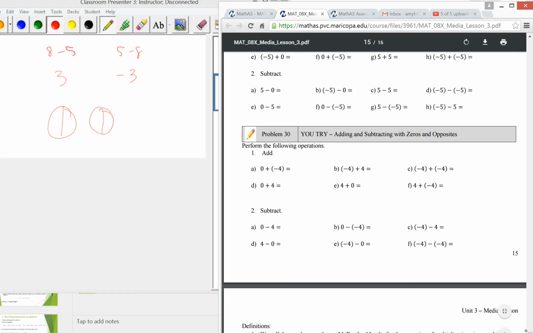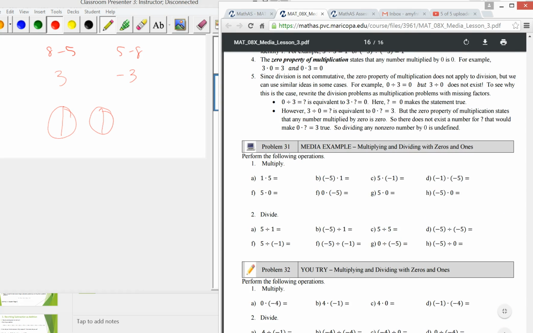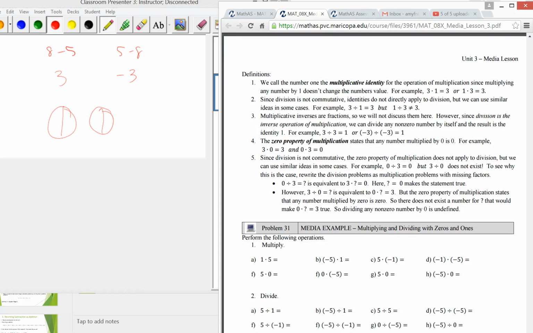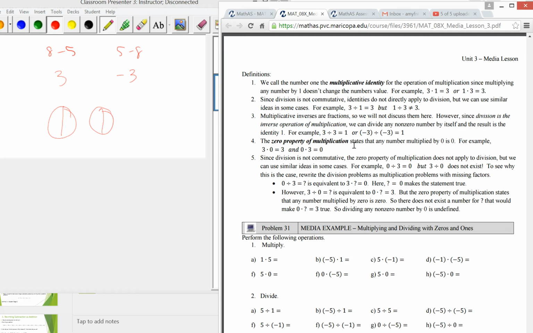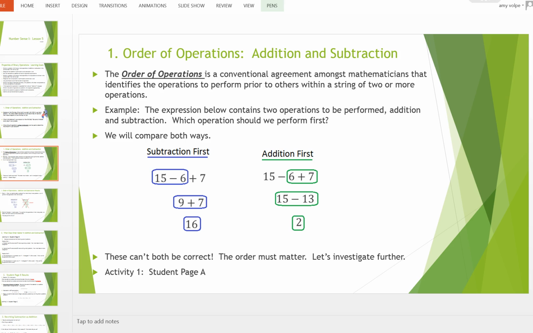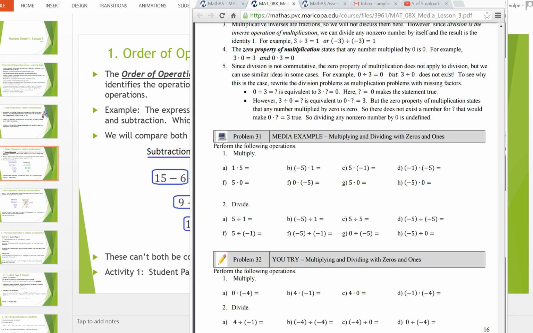Okay. And I think there's another page. There it is. Then multiplicative identities, zero property of multiplication. So we don't really talk about multiplicative inverses because we haven't talked about fractions, but they can look at some examples here, 5 divided by 5, -5 divided by -5.